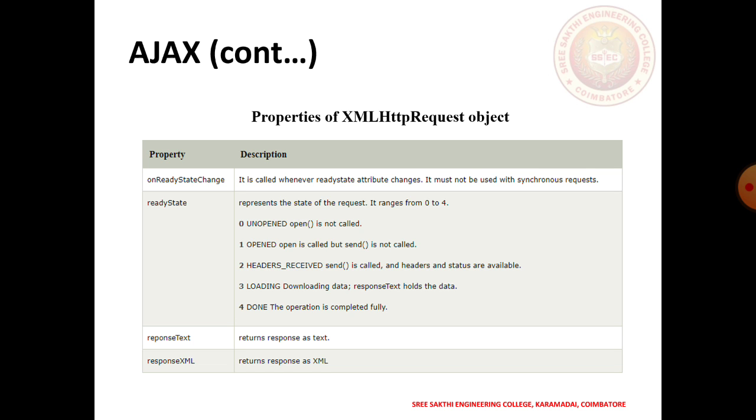If it is 1, the connection has been established with the server. When the value is 2, the request has been received. When it is 3, the request is being processed and waiting for the response. Then 4 means the request is finished and the response is ready. For responseText and responseXML, the received response may be either a text file or an XML file.